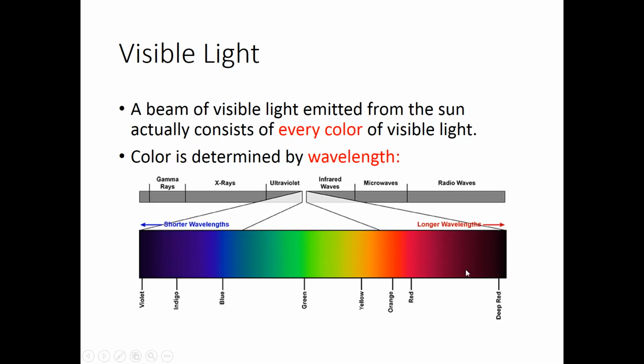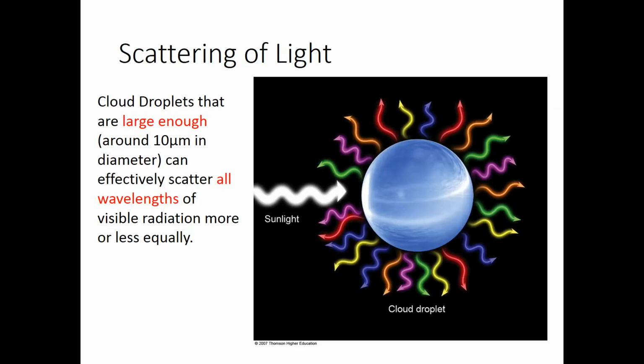Now what I want you to know though is that different wavelengths correspond with different colors. And a beam of solar radiation has many different wavelengths to it. And when one of these beams of solar radiation hits something, the light that isn't absorbed or reflected is what's called scattered.